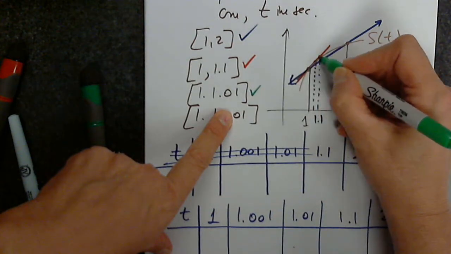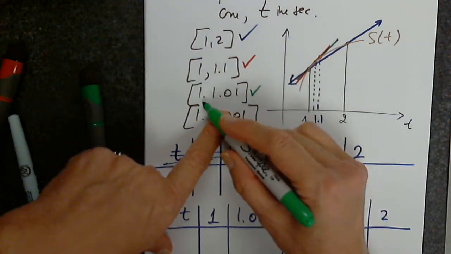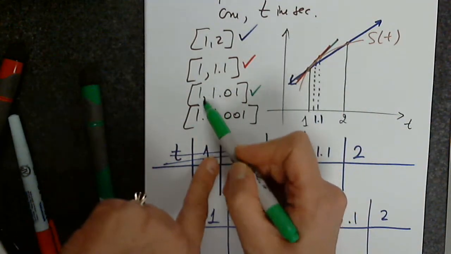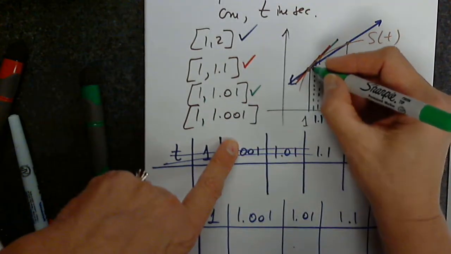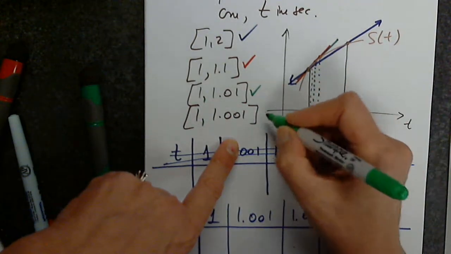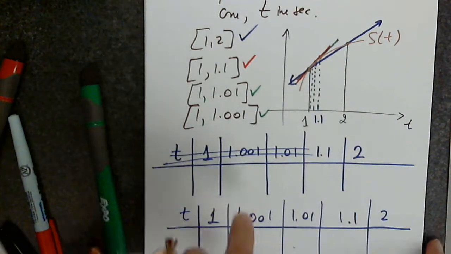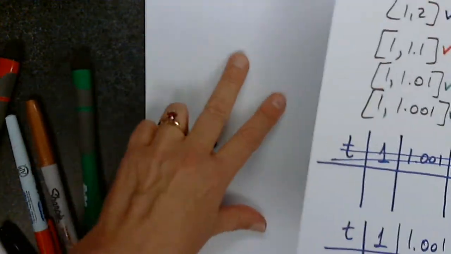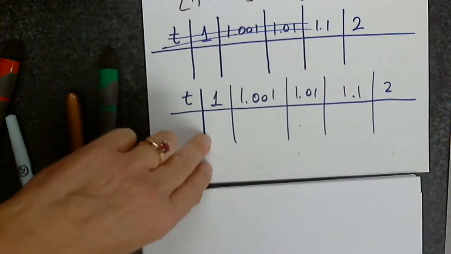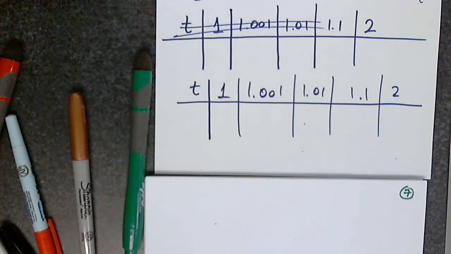So this will be this secant line, which will be the average rate of change between 1 and 1.01. And then I'll get even closer, and I will get this one. Correct? Perfect. Can anyone create a function for me that will help us determine all those average velocities?